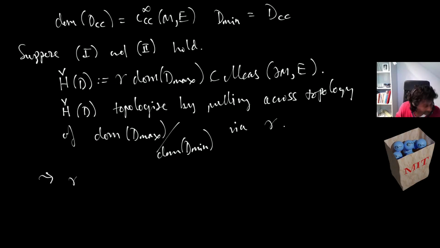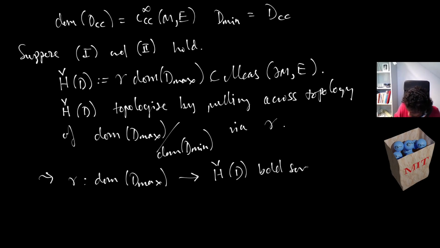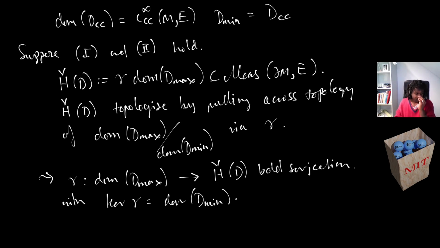We end up with gamma being a bounded surjection, as we wanted, to this space, with kernel of gamma being DOM D min. Okay, so we have our heart's desire here.